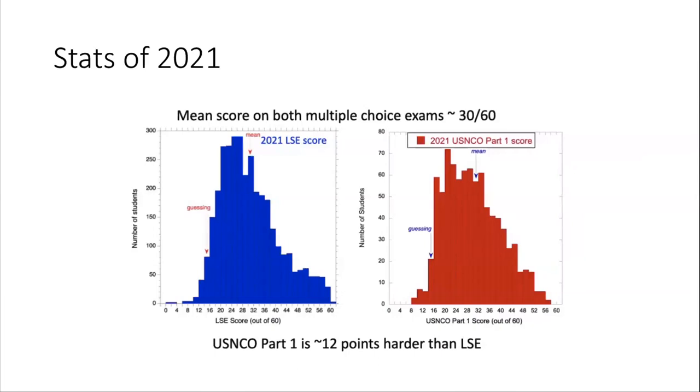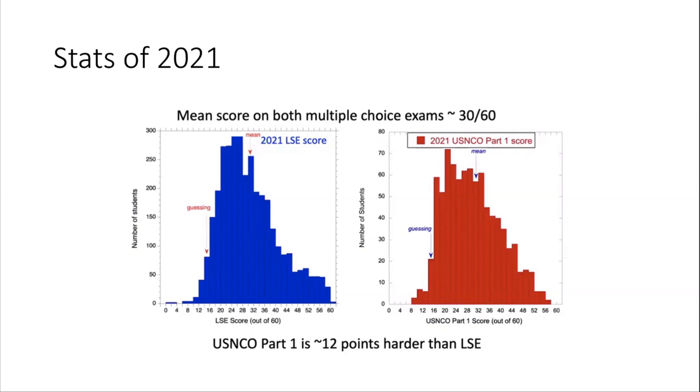So you can clearly see, if you purely guess, the average is supposed to be 15 points, one quarter times 60. But the mean in the 2021 local exam, the LSE, the local section exam, is about 31, so 50%.